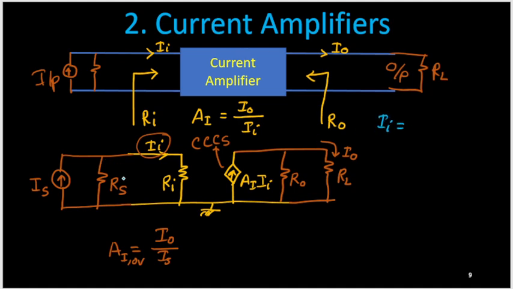So it is a current divider. The total supplying current is Is. It is divided between these two branches, one through Rs, the other through Ri. The current through Ri depends on the opposite resistance. So it will be the opposite resistance Rs upon the total resistance Ri plus Rs, times the supply current Is.